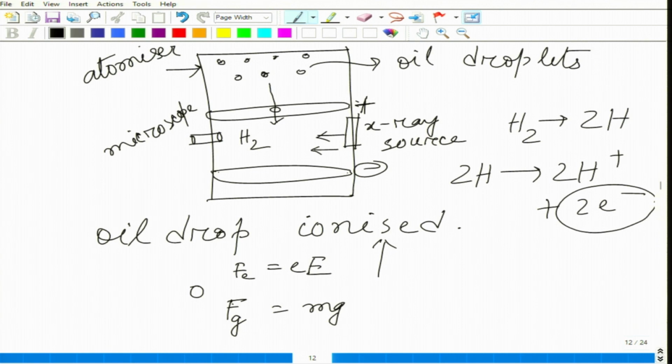Now by very careful adjustments, the forces acting on the oil drop were balanced such that Fe equal to Fg. So now the oil drop becomes stationary.